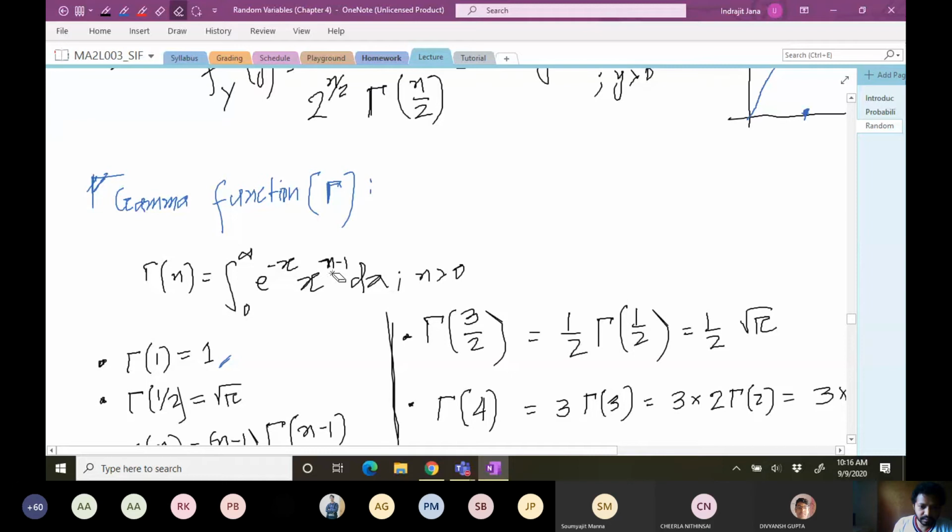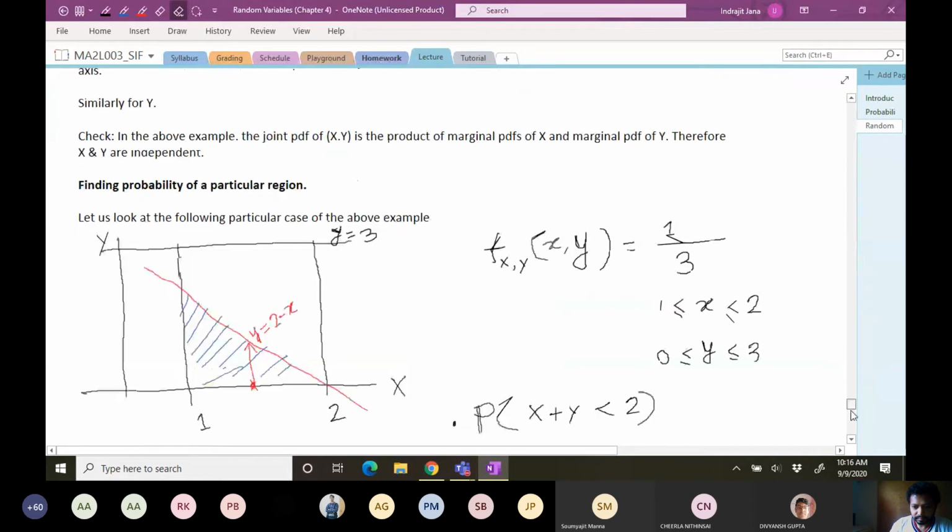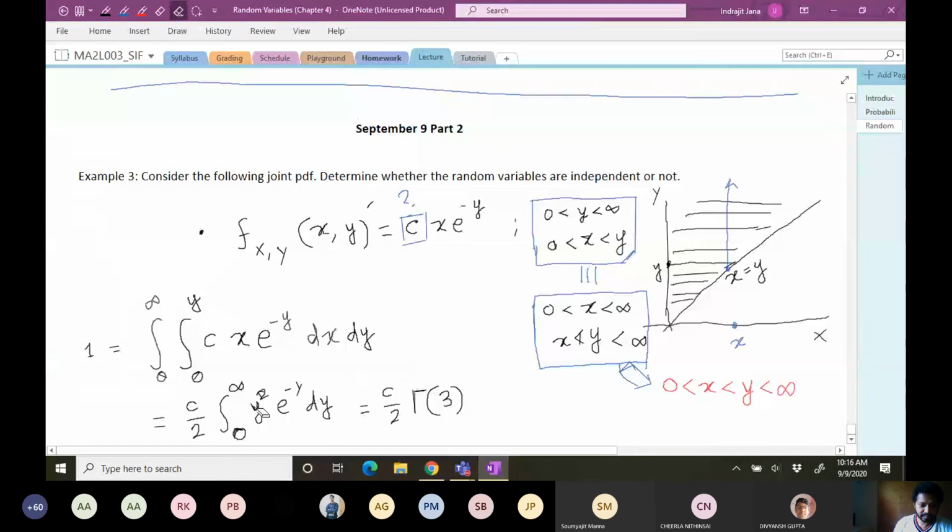If I have x square, then that is 3 minus 1, so it's gamma 3, exactly what I have here. I have y square e to the power negative y, which is y to the power 3 minus 1. That's why it's gamma 3. The value of gamma 3 is 2 factorial, which is simply 2. So this is going to be c over 2 times 2, again from the previous day's lecture.